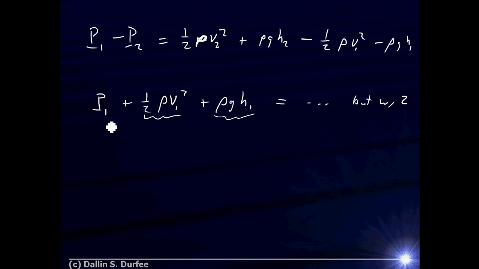So you can think of pressure as like a potential energy to do work on the fluid. And Bernoulli's equation is just conservation of energy. So now, hopefully, you can always write down Bernoulli's equation without ever having to try to memorize it at all. Just remember pressure plus kinetic energy per unit volume plus gravitational potential per unit volume is going to be constant along the flow. Okay, so now we know where the equation comes from.